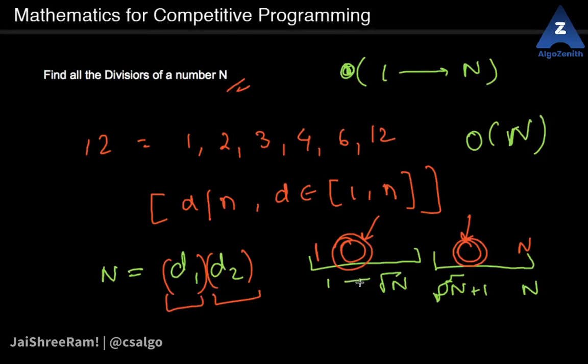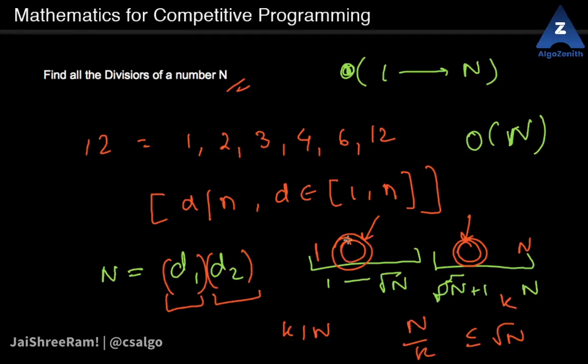What I mean to say is, for any number that you find in the range root n plus 1 to n, there is a one-to-one correspondence to a divisor in the range 1 to root n. If there is a number k over here and k divides n, then the number n by k has to be less than or equal to root n, because k is greater than root n, right?